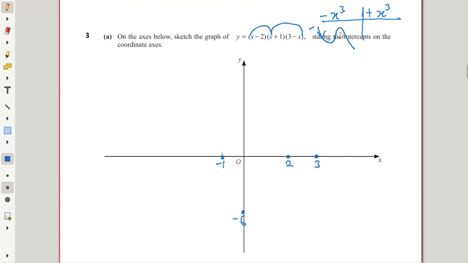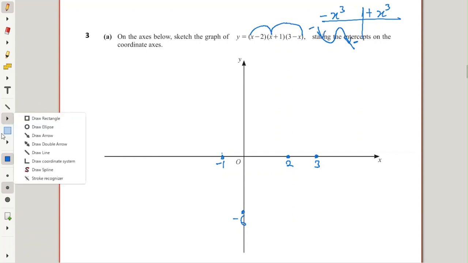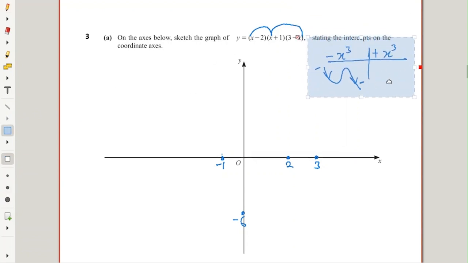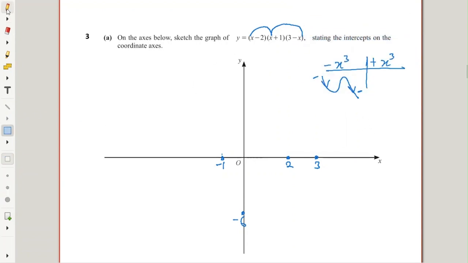That's to start on a negative note and end on a negative note. Let me bring it here so that you can see properly. Then if it were to be positive, it will start by going up and end by going up. So this is how the shape of our graph is going to be. So I'll go like this.